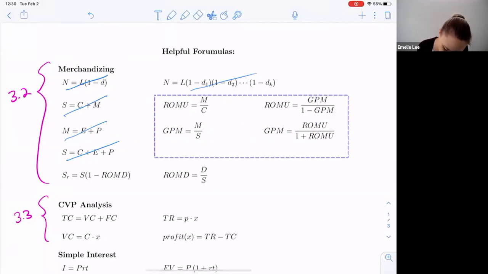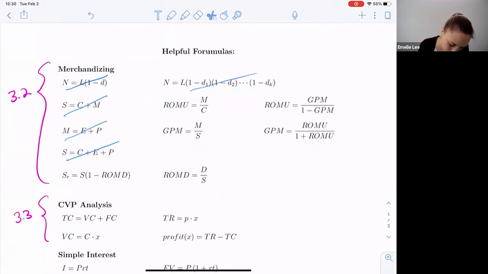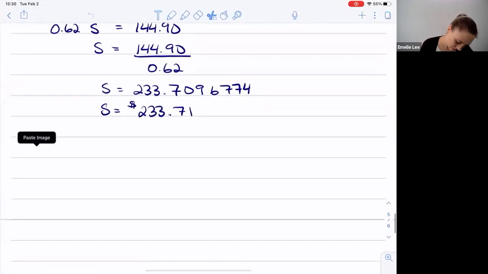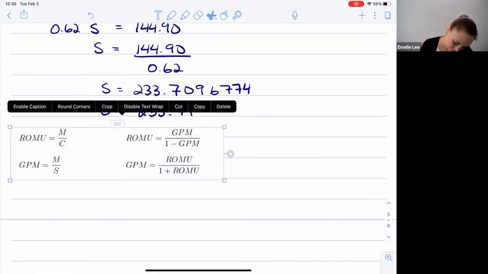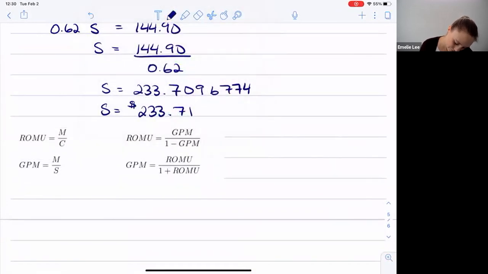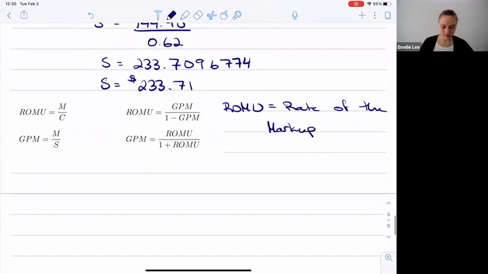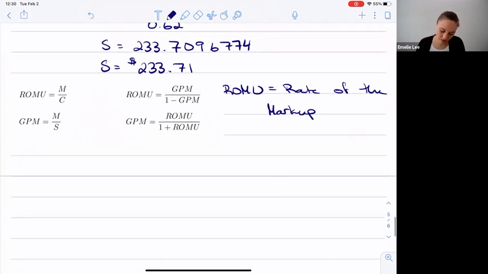Okay, so let's just write these down here. The raw mu is the rate of the markup. Okay, and the raw mu is usually given as a percentage, right? So it's going to give you a decimal, but we use a percentage.